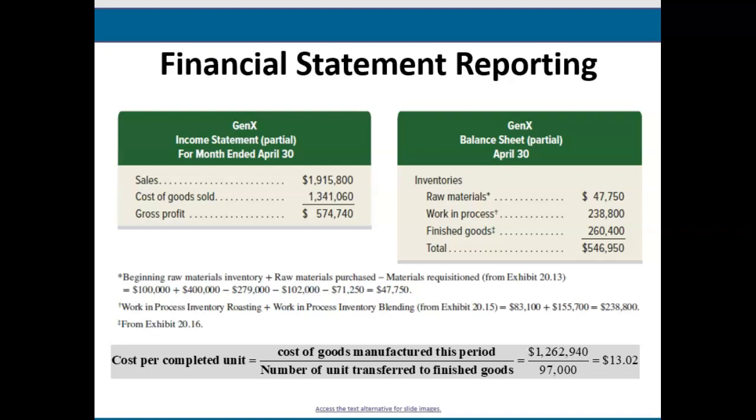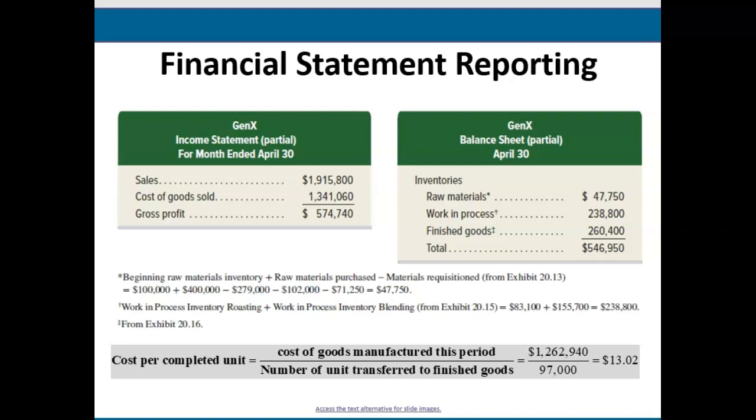So now we have financial statement reporting: the income statement and the balance sheet. GenX must prepare these financial statements. It reports the following on its April income statement, which is a partial statement, and a balance sheet, which is also partial. In making pricing decisions, managers often use the cost per completed unit.